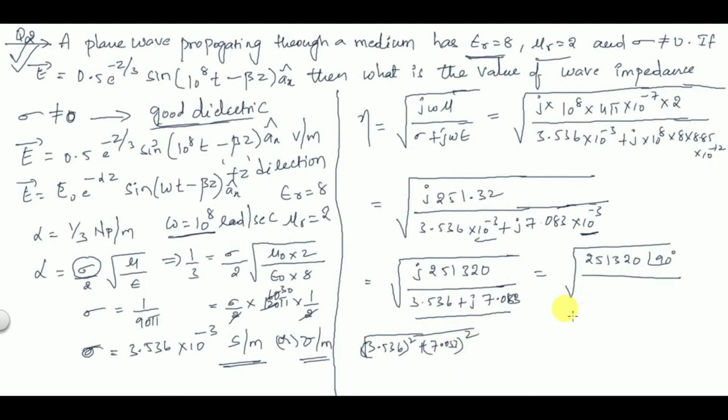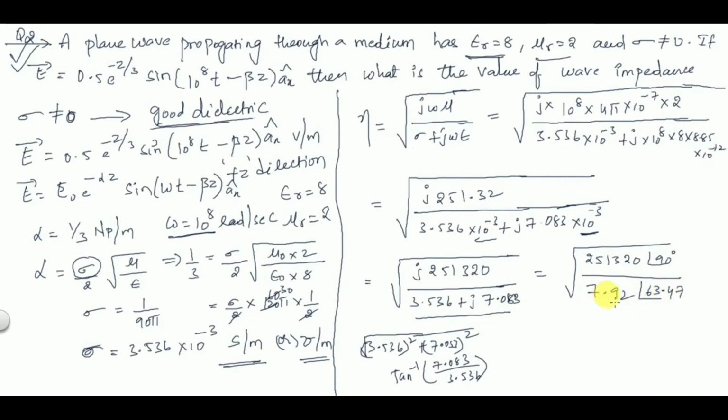Find this value. This value will be around 7.92. And the angle of this is tan inverse of 7.083 divided by 3.536, so this angle will become 63.47.